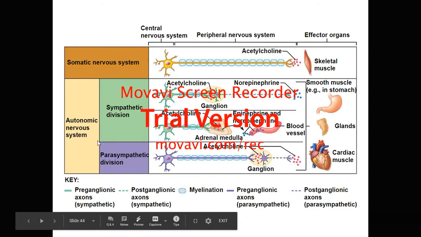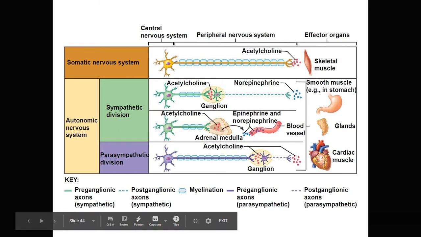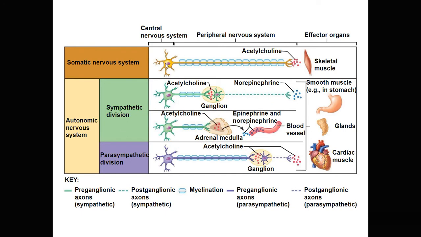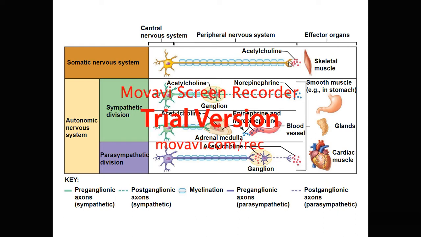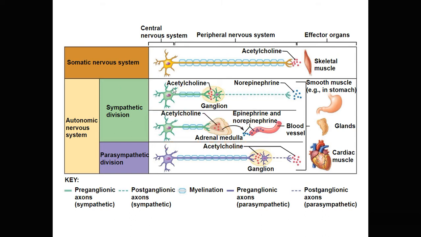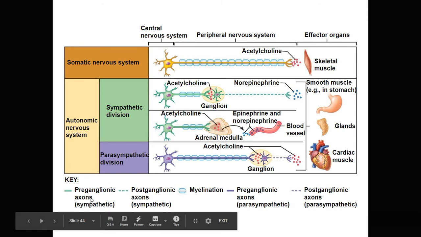All right, so here's another figure that you can visualize. With the somatic, you have one neuron that goes from the central nervous system to the effector organ, which is the skeletal muscle, and you see acetylcholine. With the autonomic nervous system, you have sympathetic and parasympathetic. Here you have your key for the sympathetic.